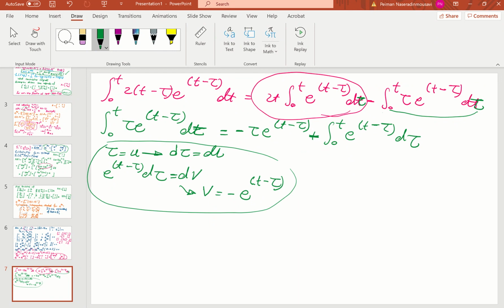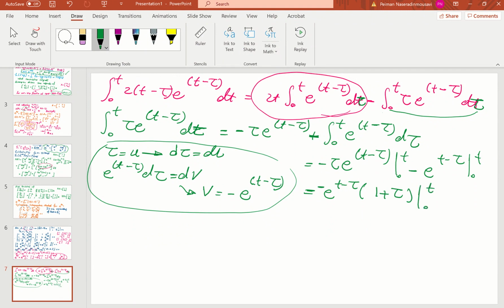And obviously the integration of this is minus tau e^(t minus tau) from 0 to t, and integration of this is minus e^(t minus tau) from 0 to t. So what you get is minus e^(t minus tau) times (1 plus tau) from 0 to t.